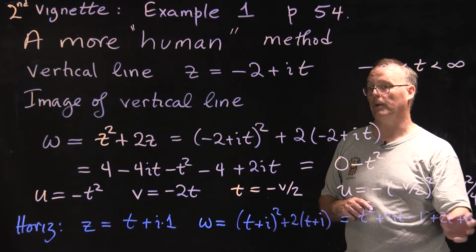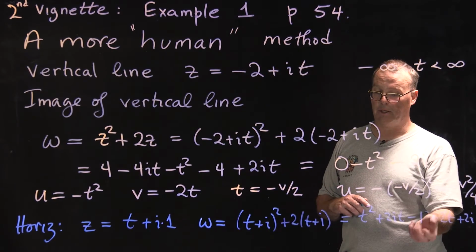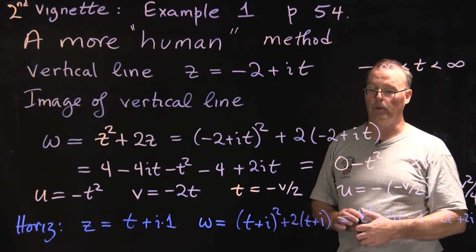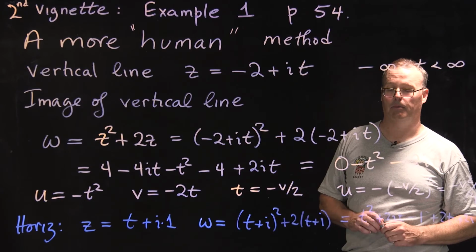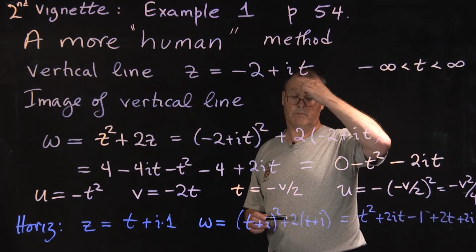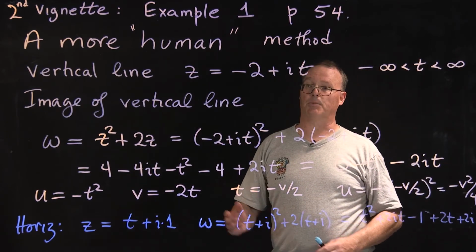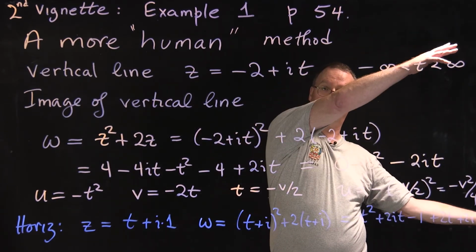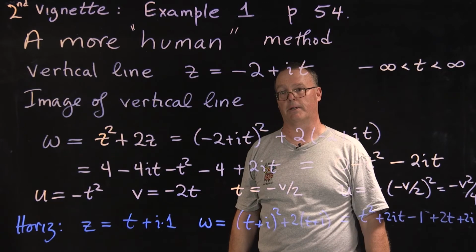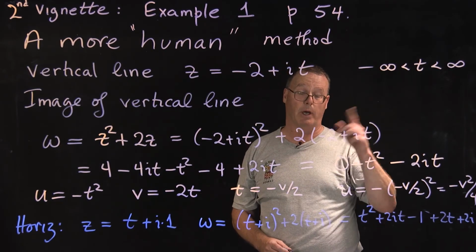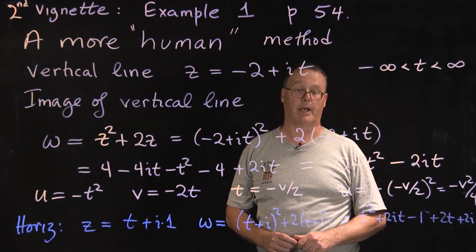So it's linear in t. So again, we can solve for t in terms of v, plug it in, and we get u is a quadratic function of v. But it turns out that the sign is positive this time, so that the curve opens to the right. And that explains why those curves in that graph were actually parabolas.